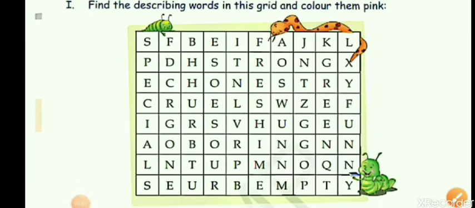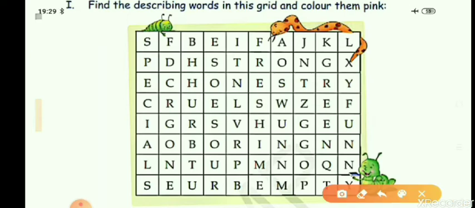So children, let's do the first exercise, and we have to use pink color to color each describing word. The first word is special, S-P-E-C-I-A-L. So you have to color it pink.